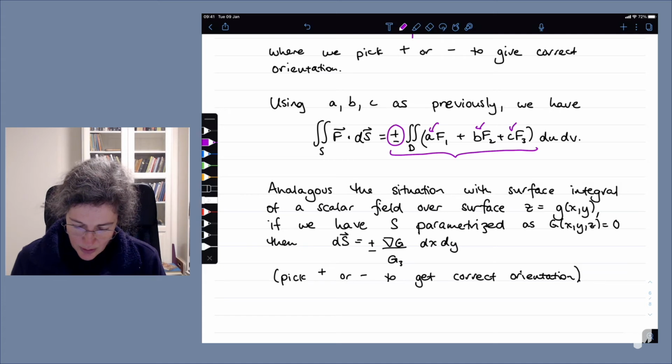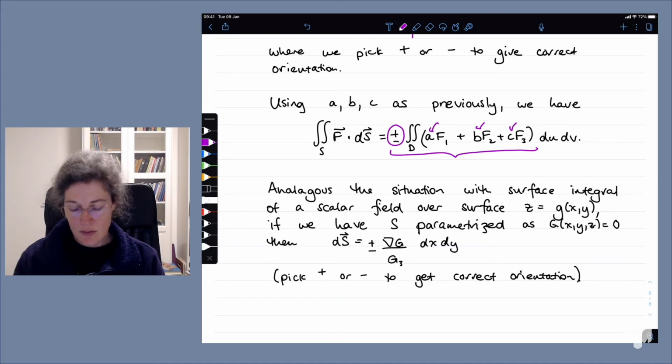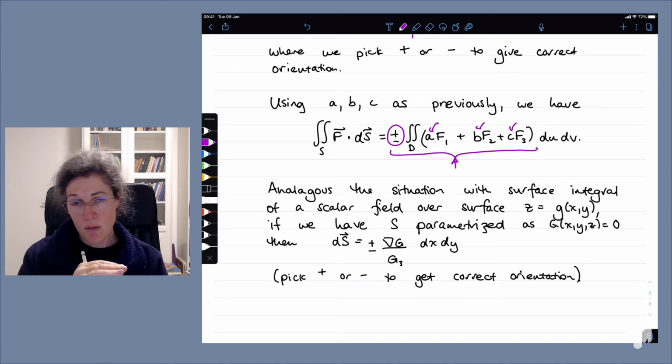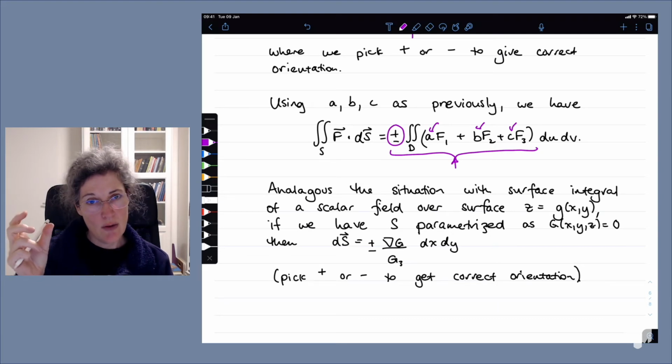So just to summarize, this version over here is for the most general parameterization of the surface in u's and v's, but you can play exactly the same trick as before. Suppose I just have my surface in terms of x and y instead of a complicated u and v parameterization.